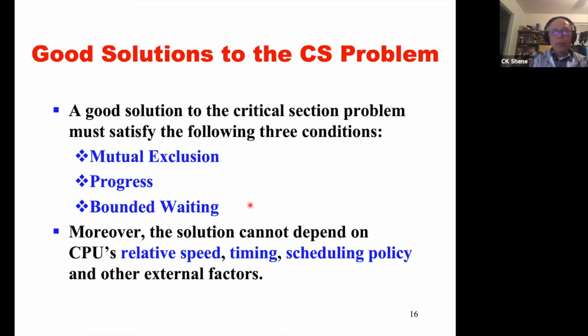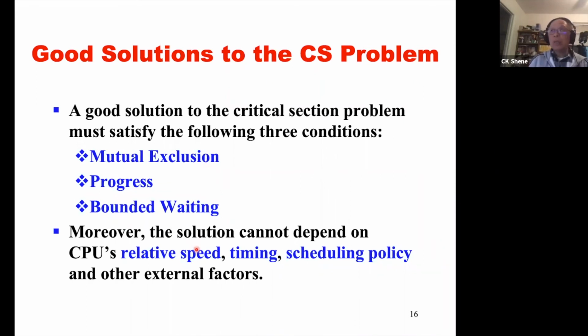And furthermore, in addition to satisfying these three conditions, your solution cannot depend on the CPU's speed, the timing, the scheduling policy, and so forth, which means its correctness has to be intrinsic.